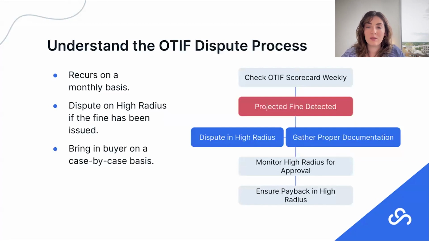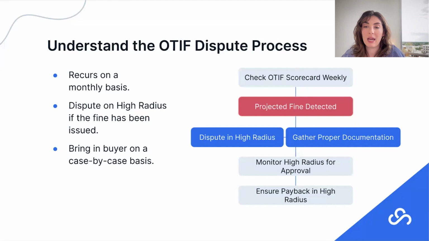And then just to outline how you can do that. This is really overall to get a little bit more nitty gritty when it comes to OTIF. So if you're seeing in full fines for overages, this is going to occur on a monthly basis. Like I said before, you do it in High Radius. And in the past, if you've been with Walmart for a while as a supplier, you will remember that OTIF fines were not disputable at one point.